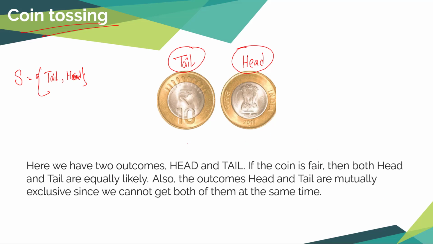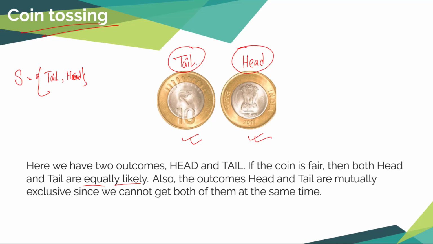Now if the coin is unbiased, that means if it is a very good fair coin, getting tail should be equally possible as getting a head. Now if two events are equally possible, they are called equally likely, right? These two events are equally likely.